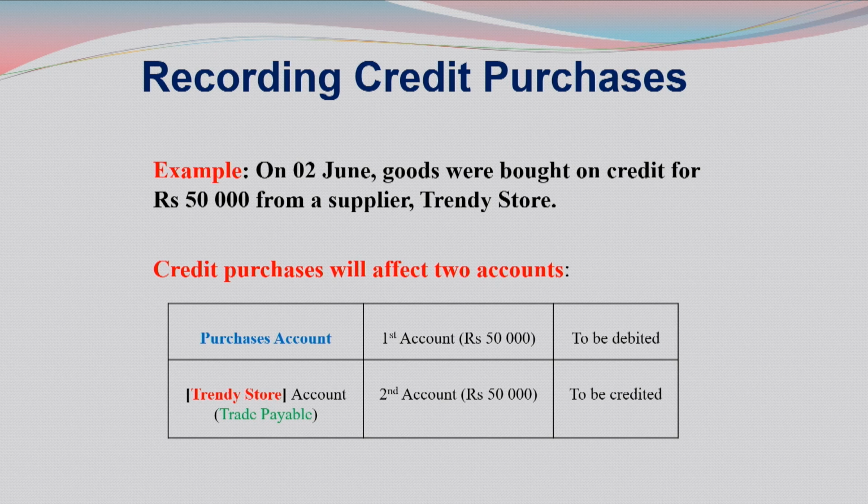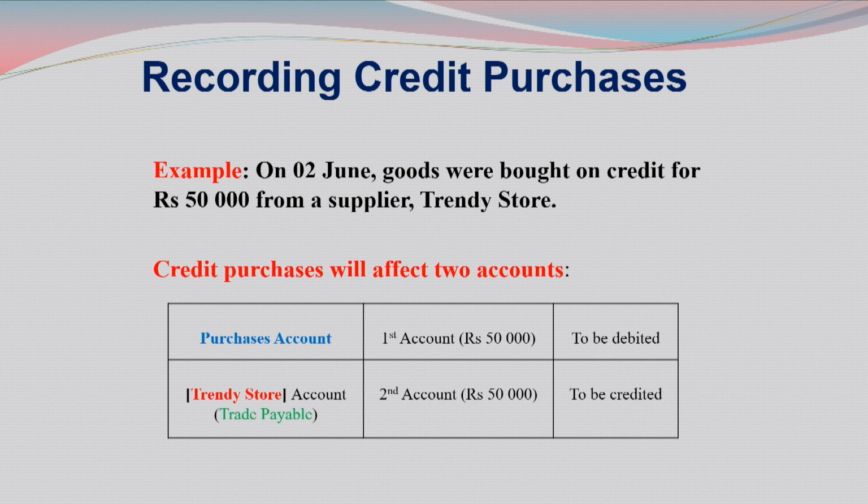Therefore, the purchases account will have to be debited by 50,000 rupees. The second account that will be affected will be Trendy Store account. Trendy Store account will be credited by 50,000 rupees.